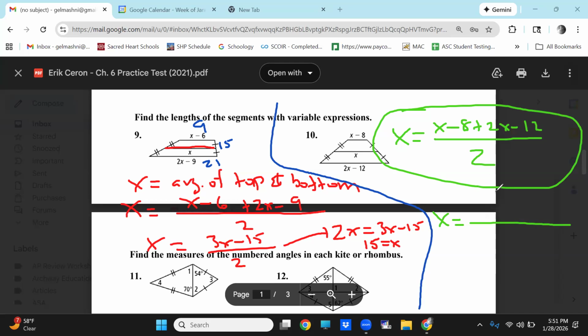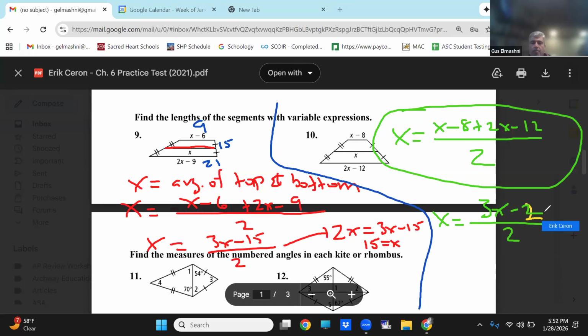Okay, 3x. Good. And what's negative 8 minus 12? Negative 20. Okay, I'll let you do it. What's the next step?